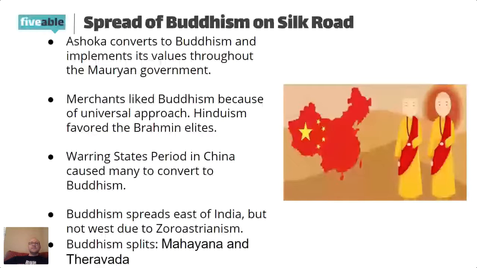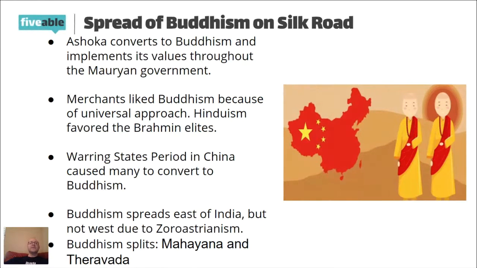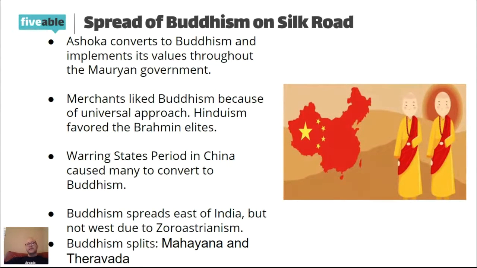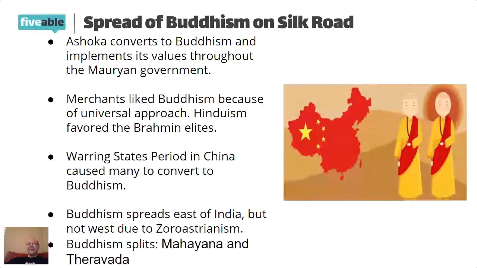All right, we're going to talk now about the spread of Buddhism on the Silk Road. One of the reasons why Buddhism is going to spread on the Silk Road is because of a man named Ashoka. He is the Mauryan king. Mauryan is in India, and he's going to convert to Buddhism after having a major change of heart.